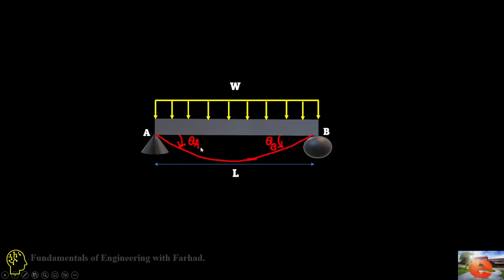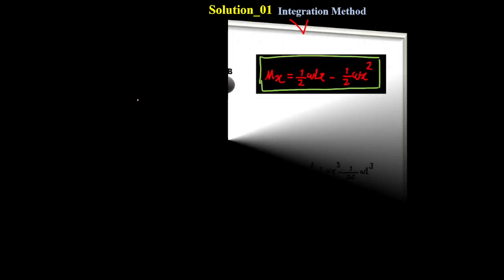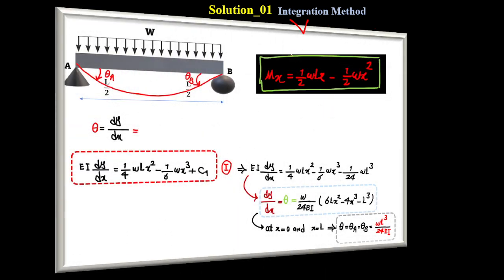If we want to calculate theta at A, due to symmetry, theta A is equal to theta at B. If you remember from mechanics of solids, by the integration method, as soon as you have the equation of moment, M over EI is d squared y over dx squared, and M is equal to EI times d squared y over dx squared.